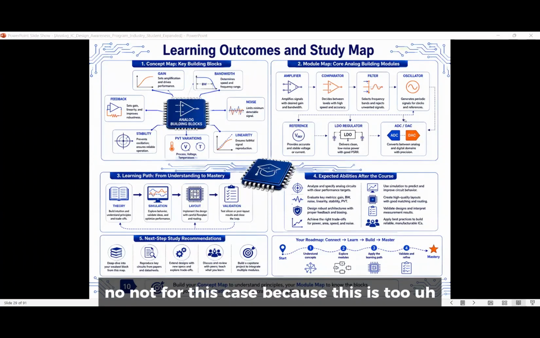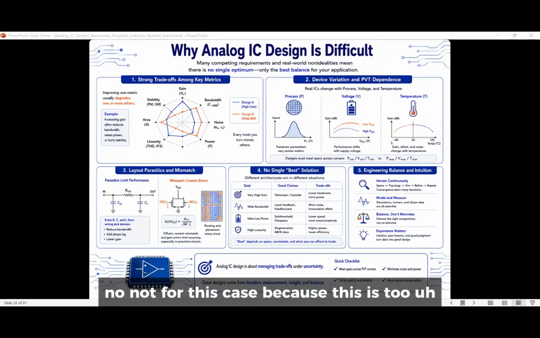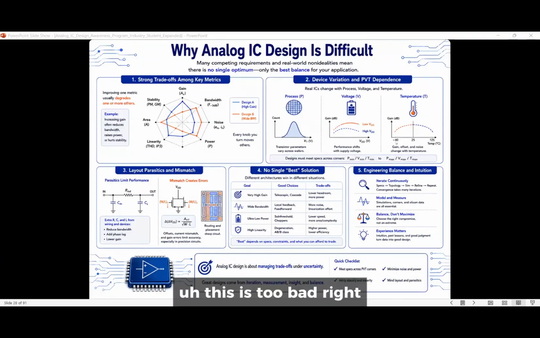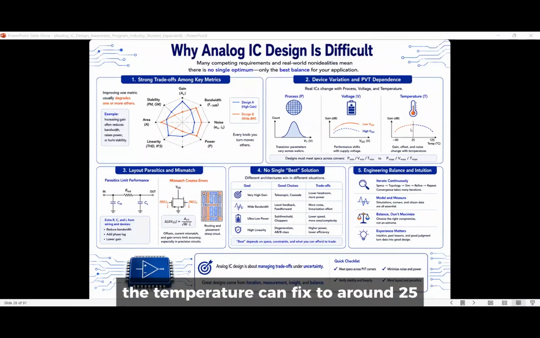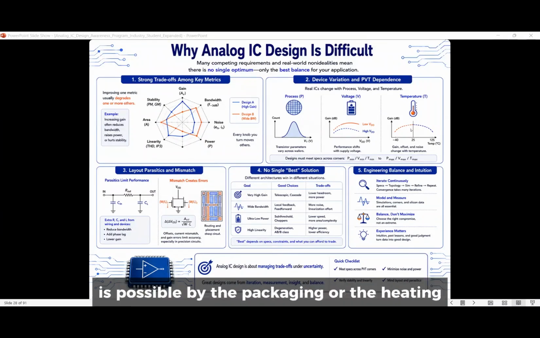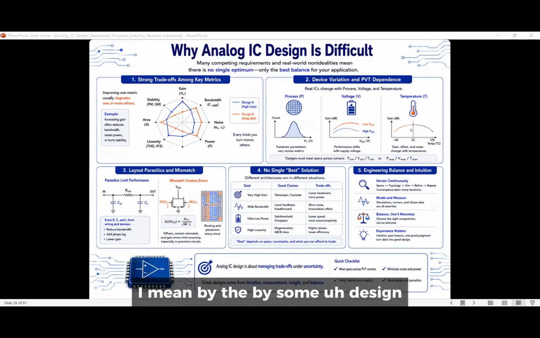No, not for this case, because this is too bad, for example, from -40 to 125. But in some real application cases, the temperature can be fixed to around 25 by the packaging or the heating, I mean by some design outside of the chip.